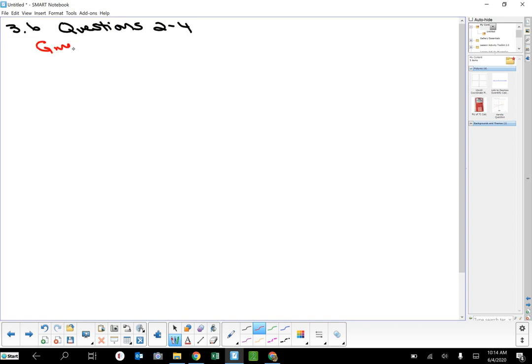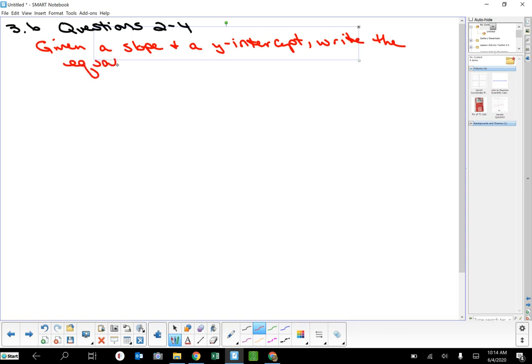Given a slope and a y-intercept, write the equation of the line. They don't tell you that equation of the line. Hold on, I can't talk and write at the same time. They don't tell you, but the intention here is that this is going to be in slope-intercept form.